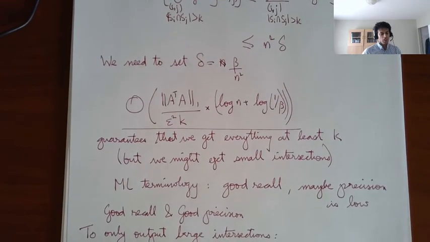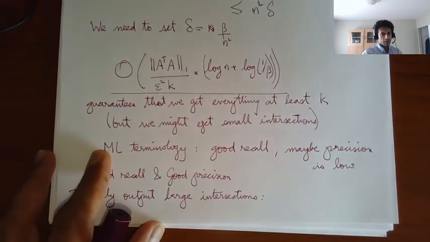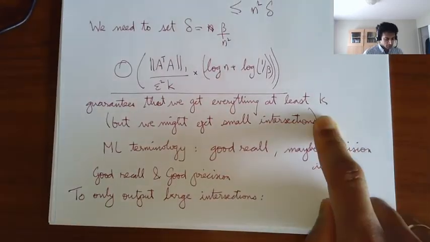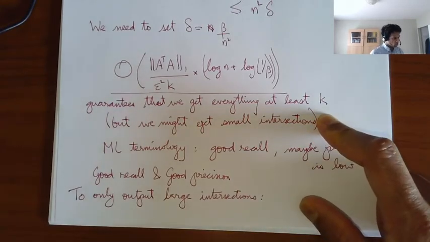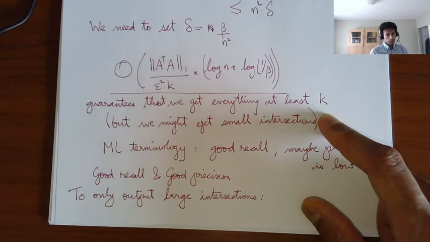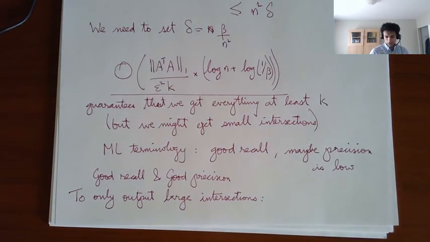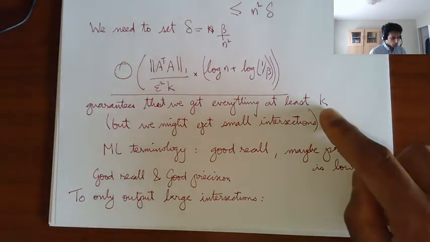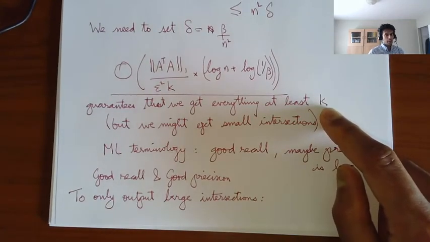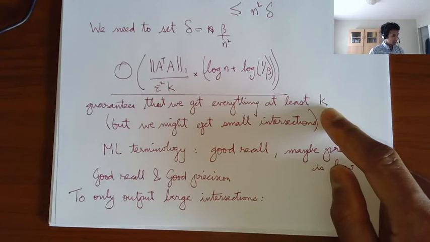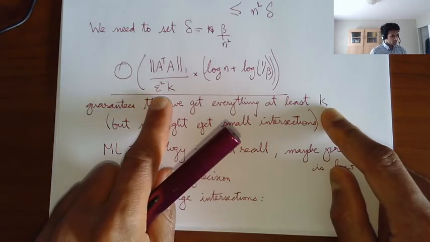So let's say you wanted to output everything whose intersection is at least k, and you do not want to output anything whose intersection is less than 1 minus epsilon times k. I think I misspoke earlier, that was poorly stated on my part. Then you would need that many samples.